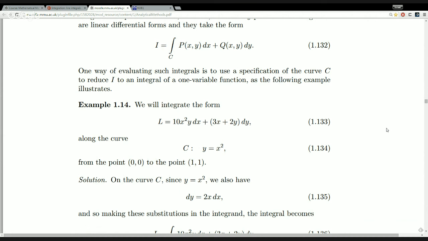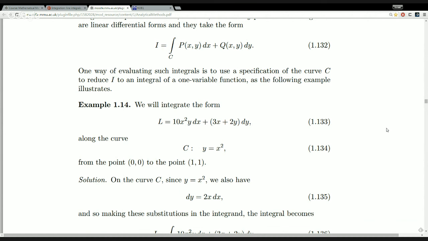Except I haven't said anything about what the limits of integration are. Now we're going along this curve from the origin to the point 1, 1. But we translated everything into x, and we just have to look at what's happening to the variable x in that respect. Well, x is starting at 0, and it progresses to 1. This is what the variable x is doing in this integral.